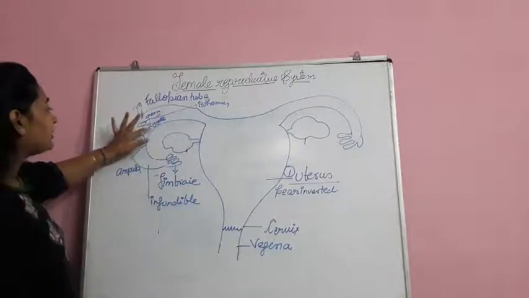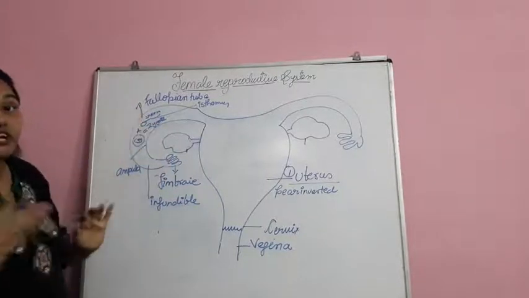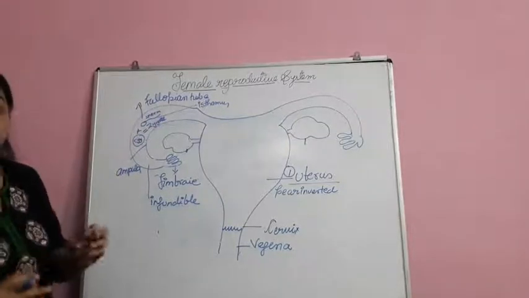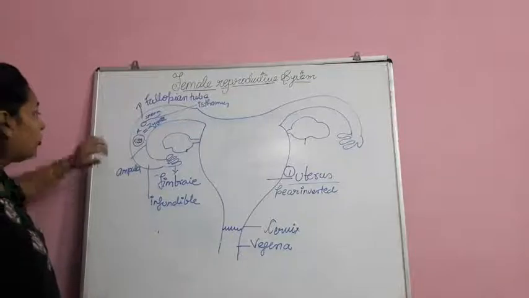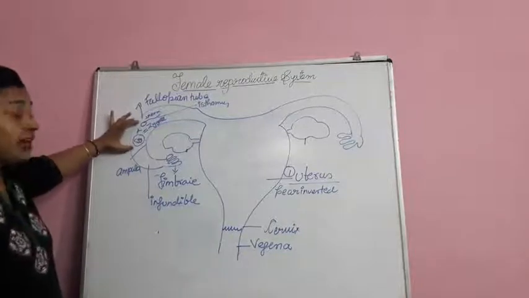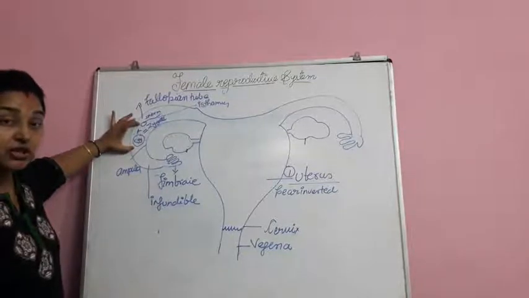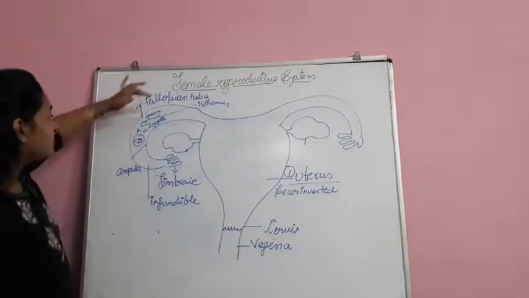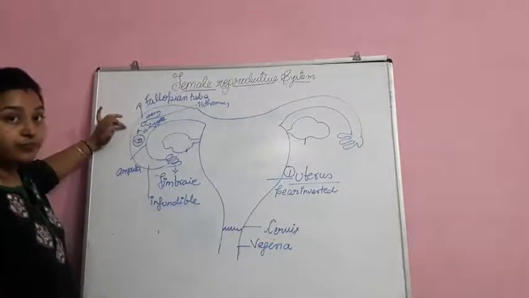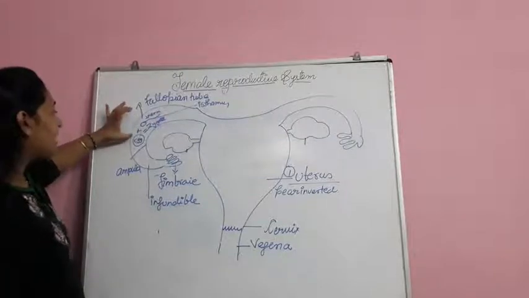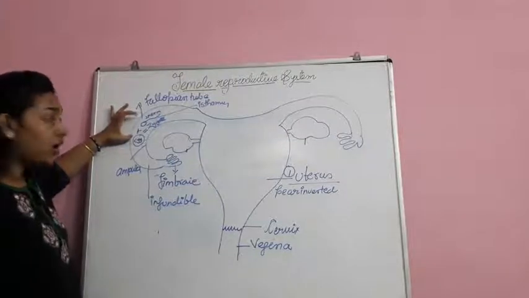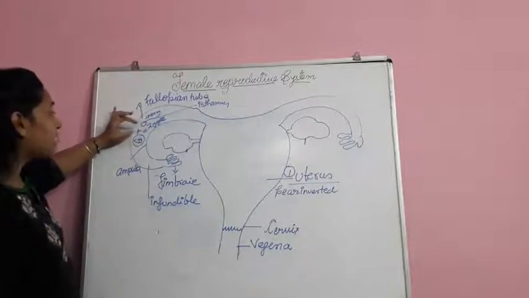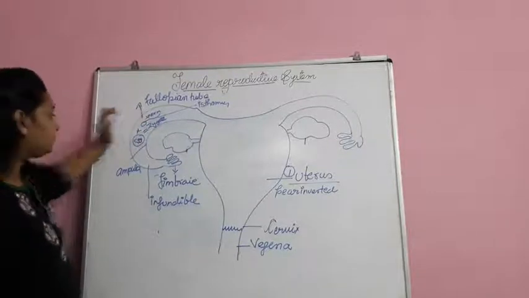Alright, and further this zygote will divide, and then slowly and gradually convert into the embryo. Now you got to know where fertilization happens. So fertilization in the human female happens at the ampulla isthmus region. Here the egg cell waits for the sperm cell to come, and if a sperm cell comes at that time, then they both fuse and make the zygote.